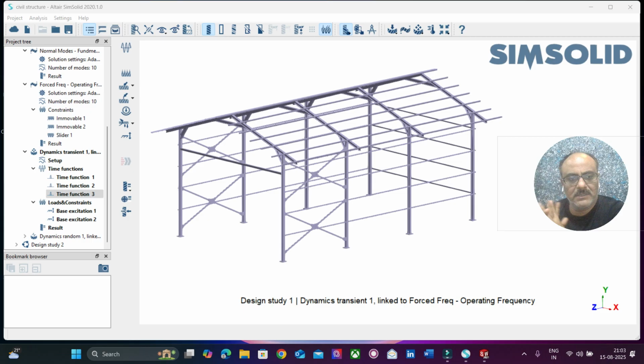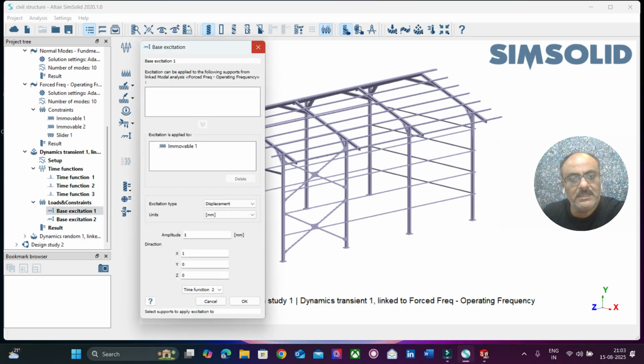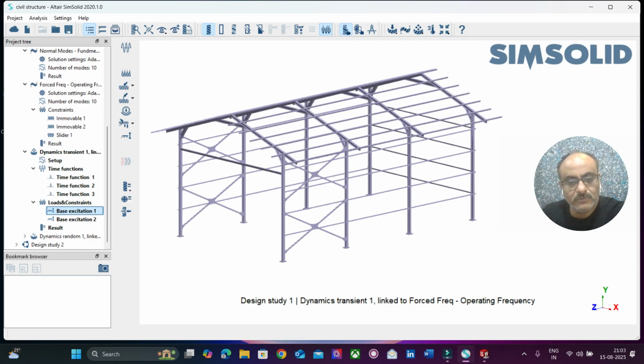So now we are giving a base excitation to the regions. The two end regions are fixed, and the in-between regions are supported on certain springs, which means there is a soft foundation.